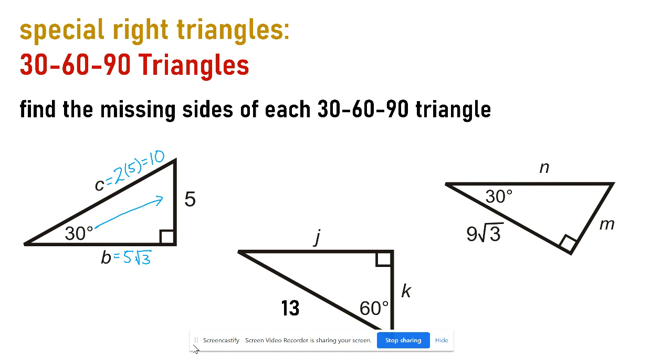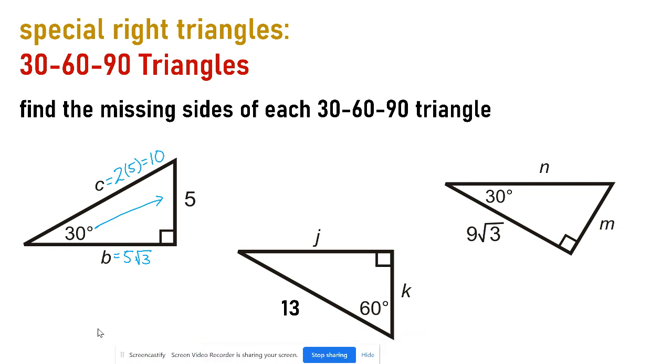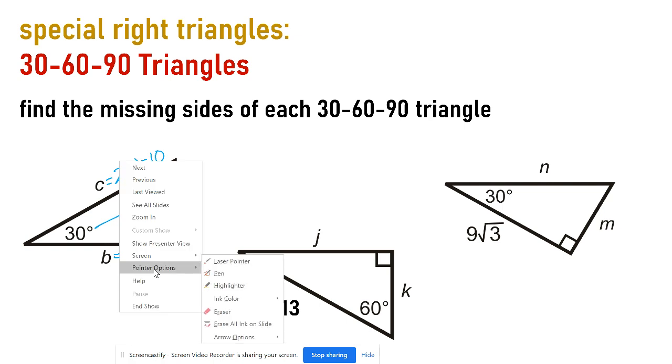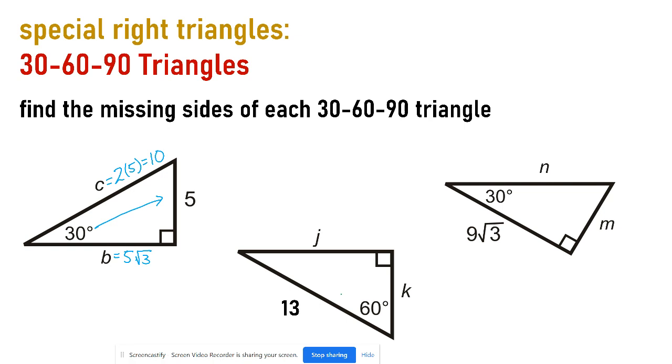On the second one here at the bottom, they give us the hypotenuse. 13 is the hypotenuse. I'm going to do each of these in a different color. We know that because it is opposite the right angle. So here we know that 13 is 2 times the shortest side, and the short side of this triangle is k. So 13 is 2 times k.